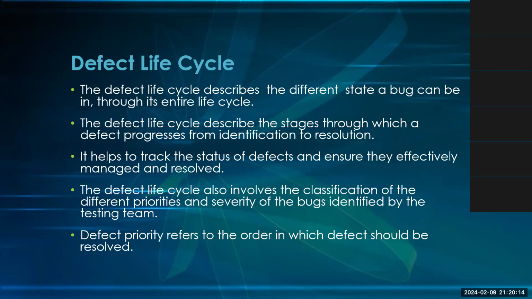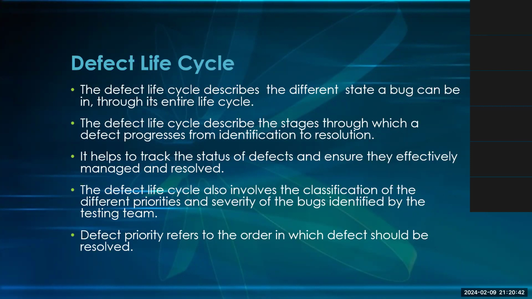The defect life cycle also involves the classification of the different priorities and severity of the bugs identified by the testing team. So in the defect life cycle, there are two things we should be aware of, which are priority and severity.